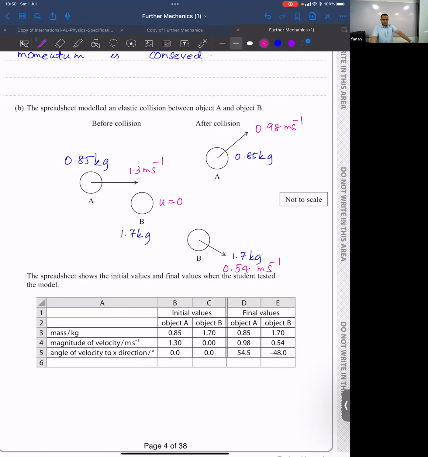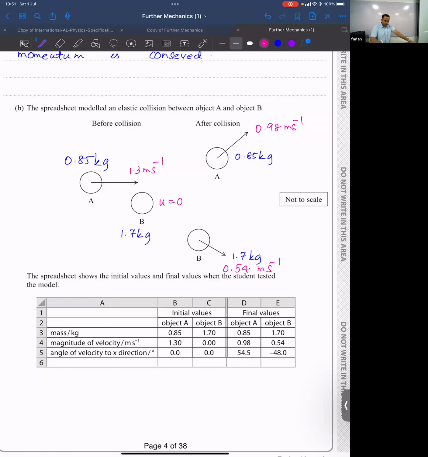They also give the angle of velocity to the x direction. Initially, A and B have an angle of 0, because A is moving to the right and B is stationary.